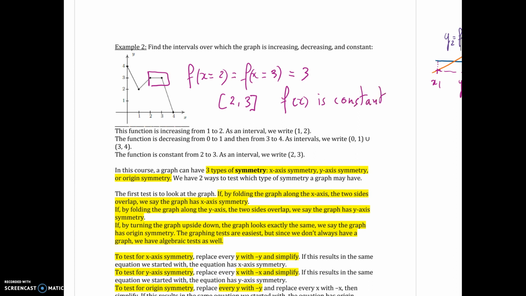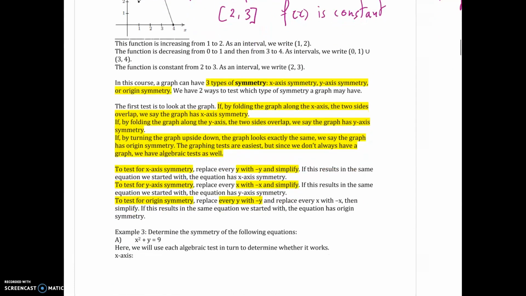Okay? All right. So in this course, the other thing that we want to look at is symmetry. There are 3 types of symmetry: x-axis symmetry, y-axis symmetry, or origin symmetry. And there are different ways to check these types of symmetry. The first test is to look at the graph.